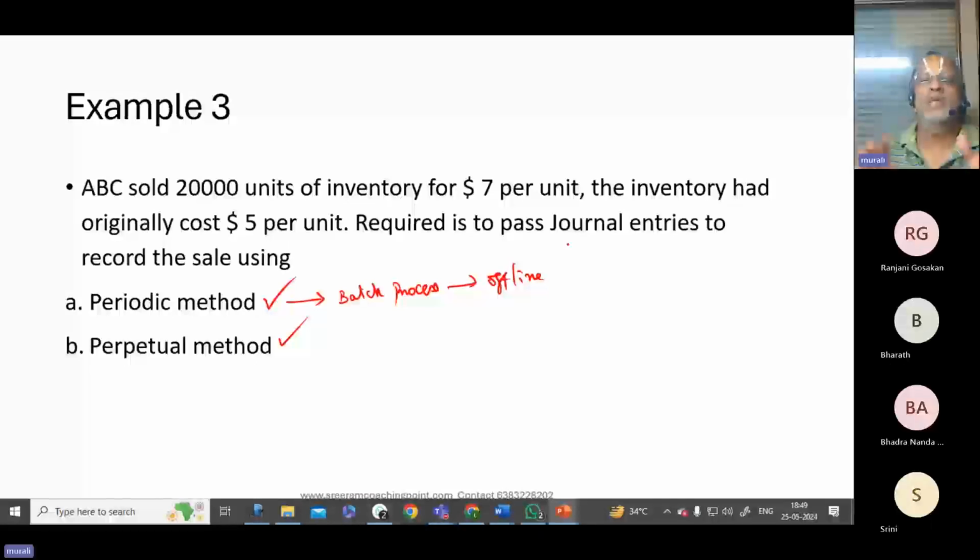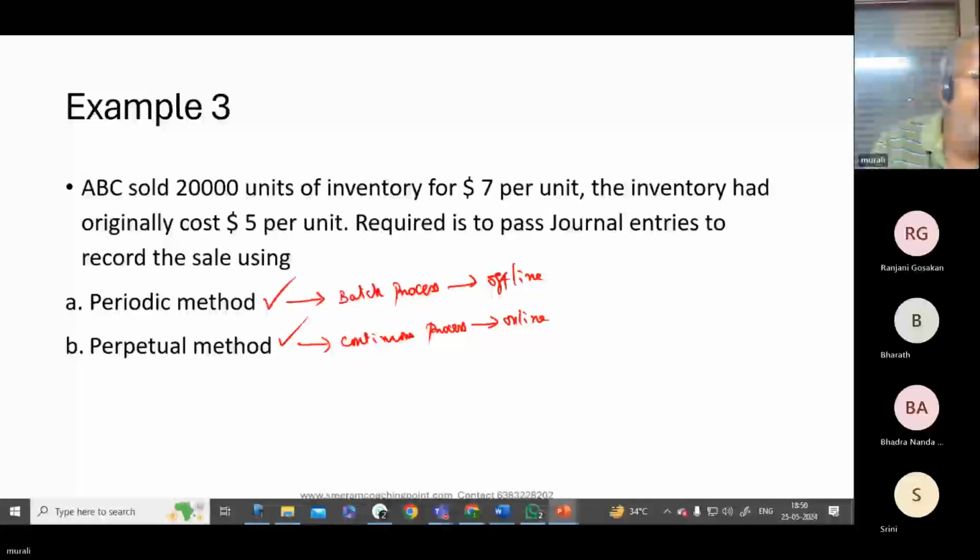They stop every activity, or they will do it once in a month or once in 3 months, once in 6 months. That frequency they will decide. So they will do it after every period. The period may be fortnightly or maybe 1 month. That is what. Perpetual method, from the very name itself, you can consider that it is a continuous process. And you can say it is online.